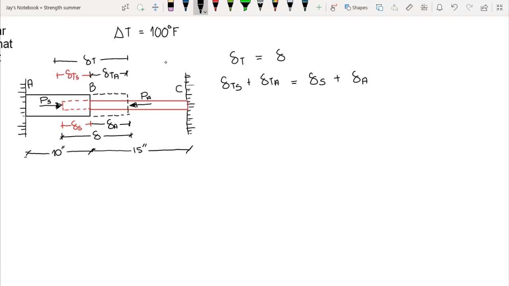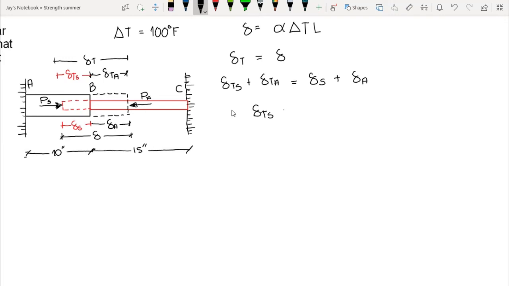Okay? So from the formula of thermal deformation, we have the coefficient of thermal expansion times the change in temperature times the length of our bar. So let's start with steel.